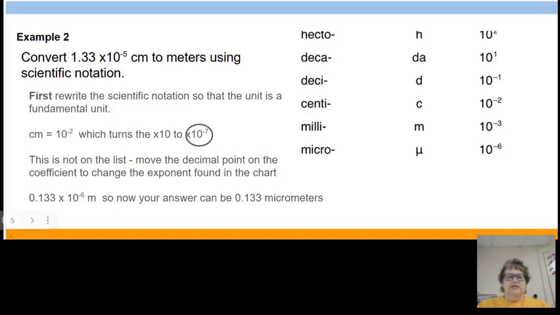So now we're going to have a coefficient of 0.133. We've changed it so that it's now 10 to the negative 6th meters, which corresponds to micro. So now our answer would be 0.133 micrometers. And if you're writing the symbol, it's just a U with a little extended part at the beginning. That letter is a Greek letter called mu.